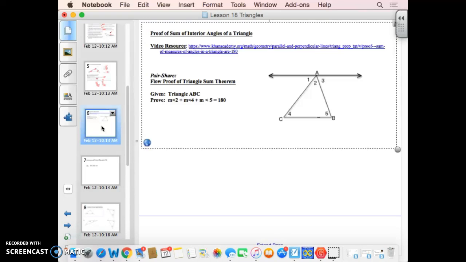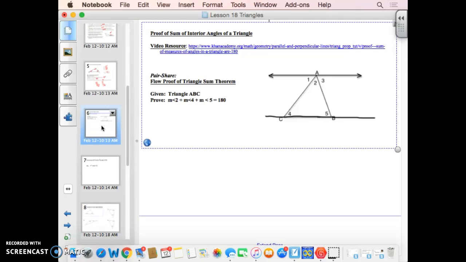This is kind of a cool proof. I'm not going to show it in this video, but I do have the link in Canvas, so you can click on it and you can see why the sum of angles is 180 degrees. And basically what it has to do with is parallel lines. Do you remember this? If you have these two parallel lines, and then this would be transversal line number 1, and this is transversal line number 2.